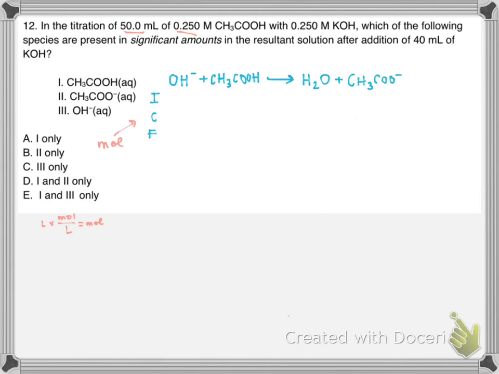For example, for the acetic acid, we can say we have 0.05 liters times the molarity, which is the same as saying 0.25 moles of the acetic acid present in 1 liter. And that will give us an amount of 0.0125 moles.